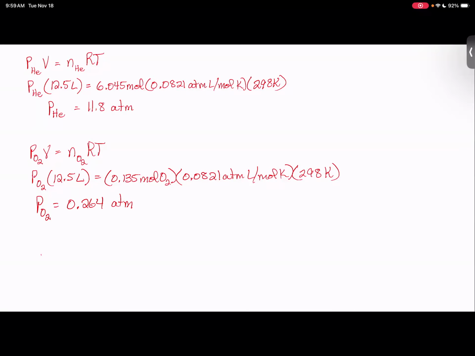If I would have asked you for the total pressure, which I did, P total would be equal to the P of the helium plus the P of the oxygen, which would be equal to 11.8 atmospheres plus 0.264 atmospheres, which we get as 12.1 atmospheres.